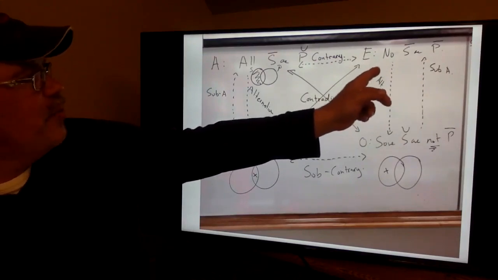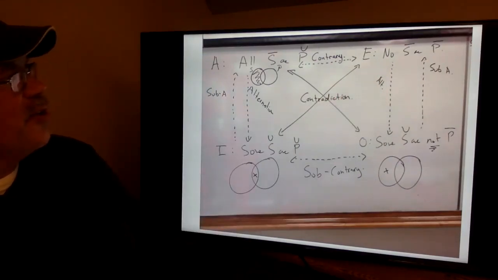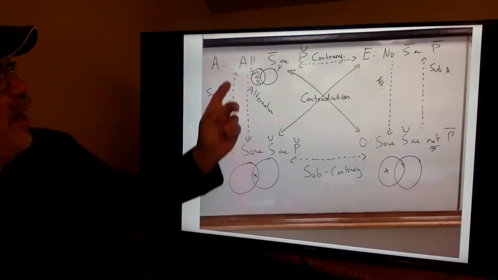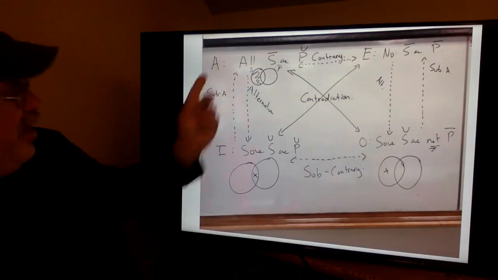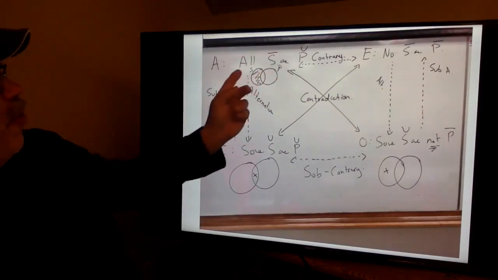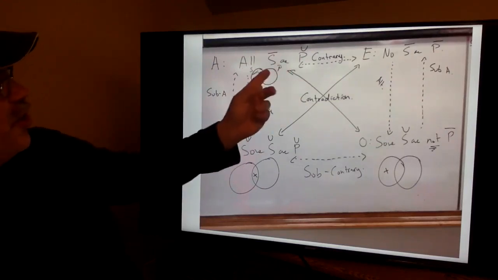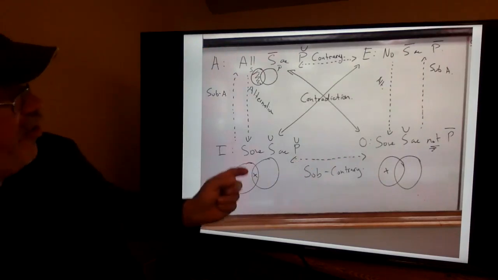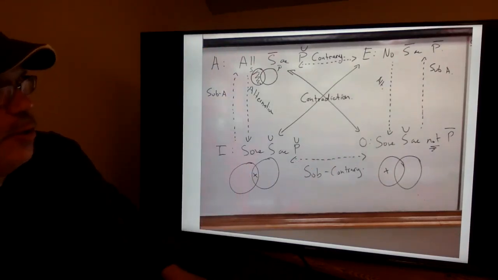Boy, if I had a smart board, I could do it right now. It would be two circles with the middle part scribbled out. So we have the form name, an example of the form, all subject or predicate, the two circle diagram, and how that relates in various ways to the rest of the diagram.